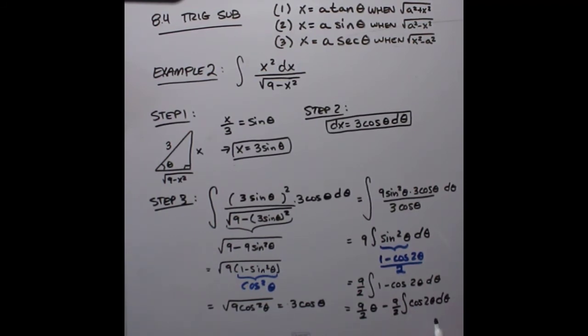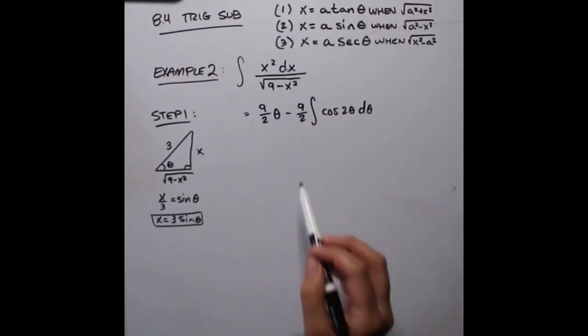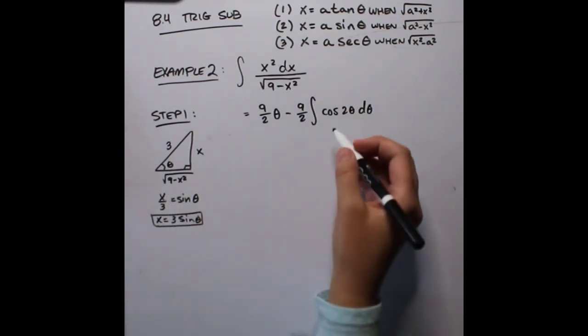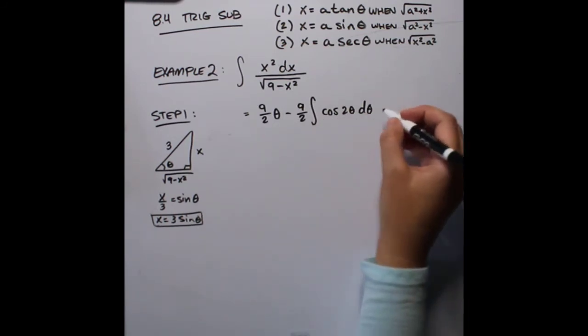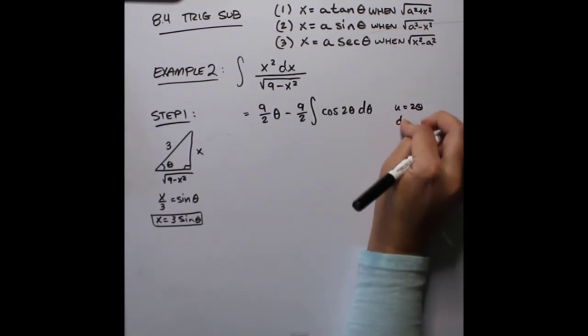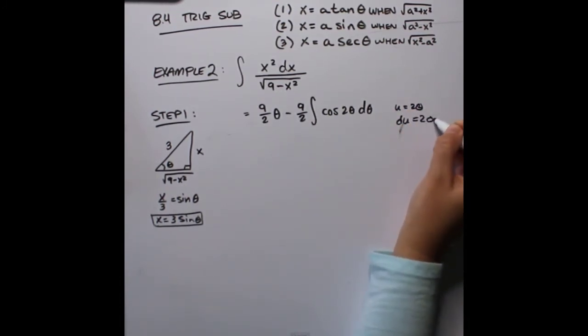Alright, let me move this up so we have some more room. I just moved up what we were working on down in this corner, and I also kept what we had here as far as what we substituted for x. So we had integrated 1, we got theta. Now, just real quick, u substitution: u is 2 theta, du is 2 d theta, and so we'll substitute 1/2 du for d theta.